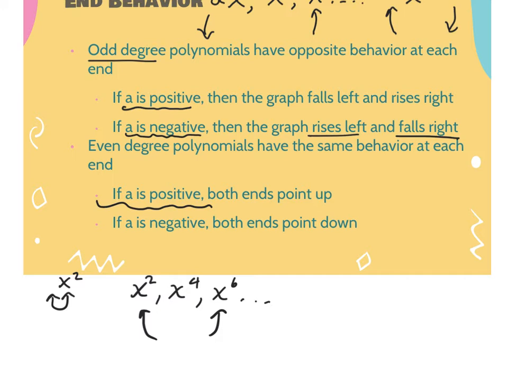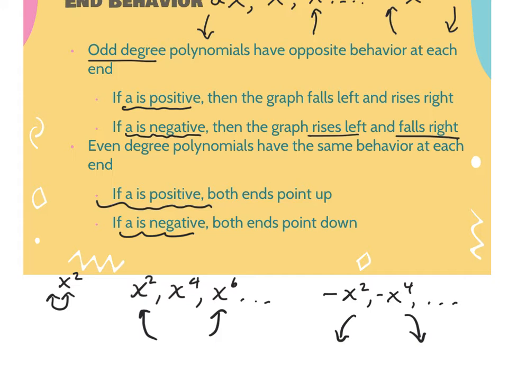And remember, when you have a positive number in front of your x squared term, it's a positive person, so they're smiling. And then same thing here, if it's negative, both ends are going to point down. So if there's a negative number in front of a term that's raised to an even exponent, then both endpoints are going to be going down. And we're going to see how we're going to use this end behavior when we go to graph.